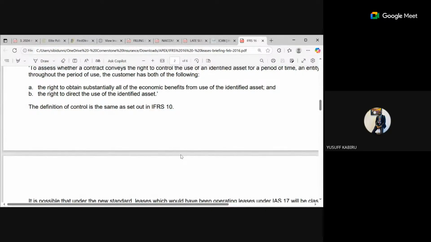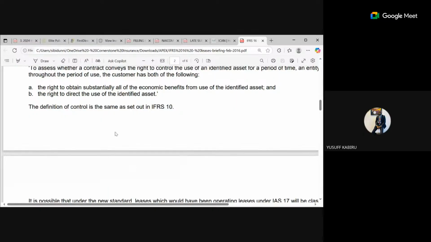I hope based on my explanation so far, you can understand it. And the second one, the right to direct the use of the identified asset. One is to obtain all the economic benefits, all the benefits you can derive from that asset. Secondly, now that you have the right to control how that asset is used.